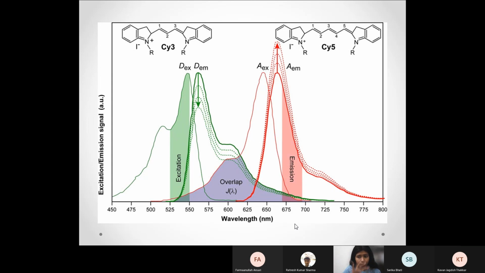Now, the electronic configuration would tell you at which point the absorption would be maximum. For molecules you can have very sharp or very broad excitation spectra. It will depend on the electronic configuration of the molecule. So if you tweak the molecular structure a little, you can change the excitation spectra.